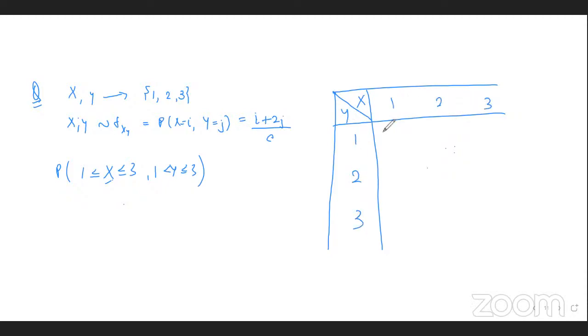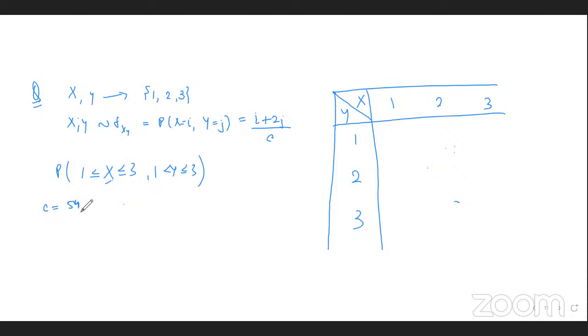This is 1 plus 2, that is 3 by 54. I've calculated all the things, and C is coming out to be 54.